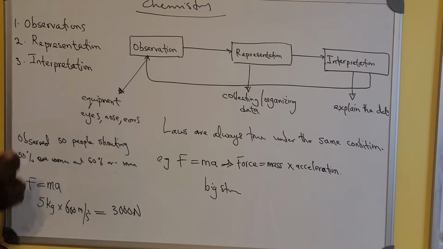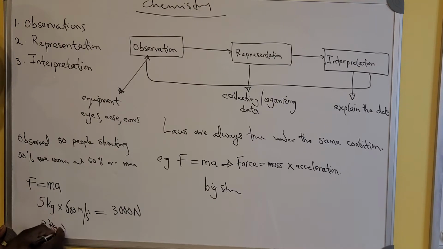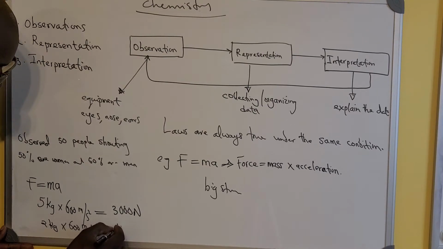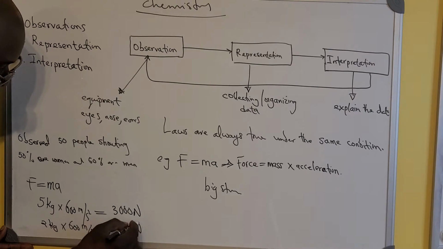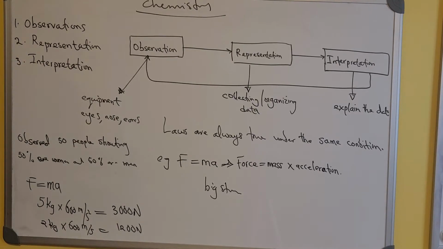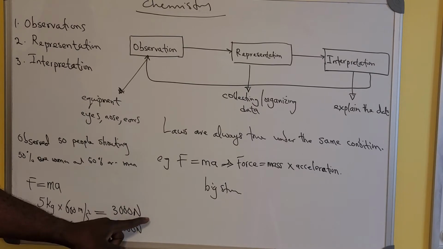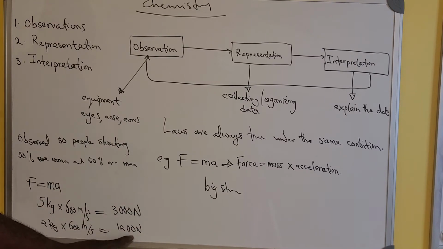But for the second stone, let's say it weighed 2 kilograms and it had the same acceleration, 600 meters per second squared. If you multiply this, you're going to get 1,200 Newtons. So you will see that the force here is much greater than the force here.